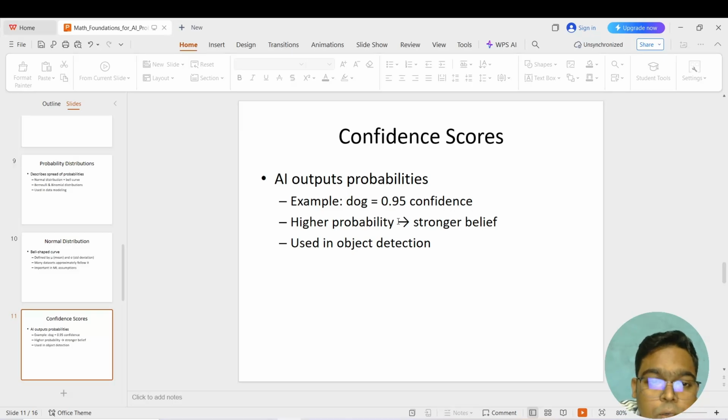It is not 100% certain that it is a dog, but it will say, let's say, 0.95 is the confidence that it is a dog. So a higher probability means a stronger belief that it is a dog. That is mainly used in object detection.